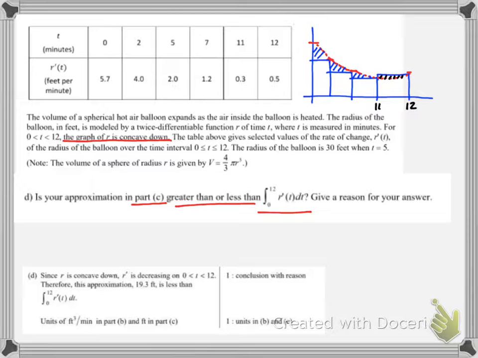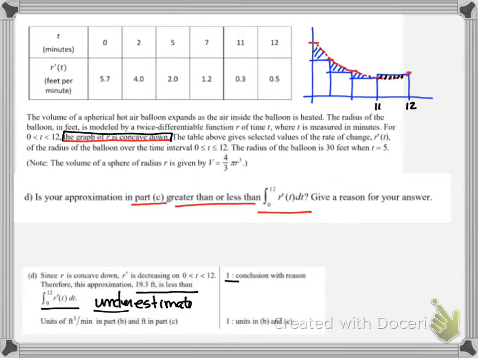And so it appears as though we should answer that this is an underestimate, or, as they say in the key, 19.3 is less than the actual integral. But we need to give a reason to get the 1 point that's available here. And it comes from the fact that the graph of R is concave down.